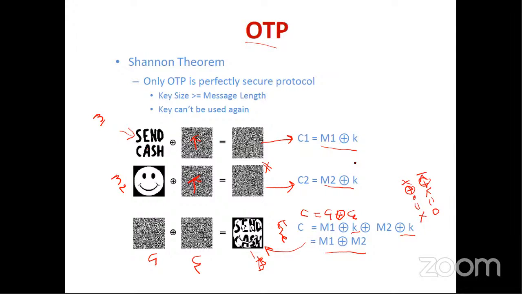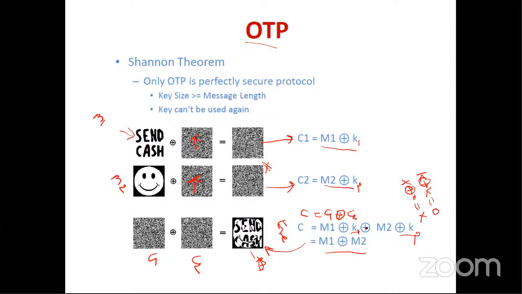So the idea for perfect secrecy in OTP is that every time you should have a different key. If you have different keys K1 and K2 the 2 times, then this will be completely random. If the adversary does the XOR of C1 and C2, then this K1 and K2 will not nullify, and they will remain.